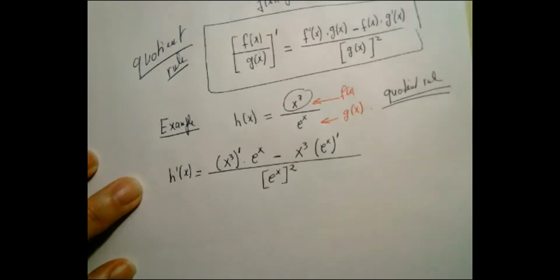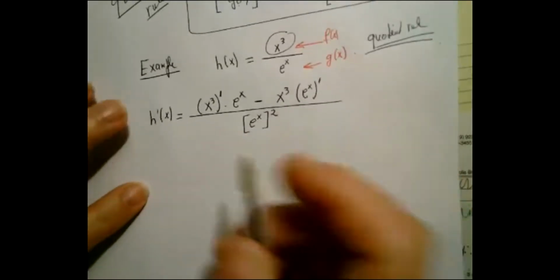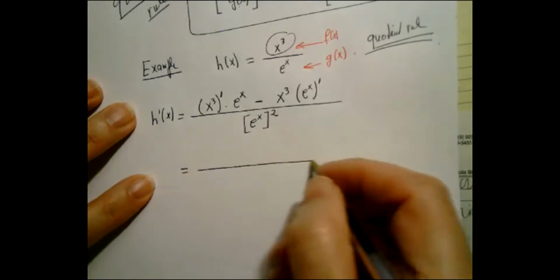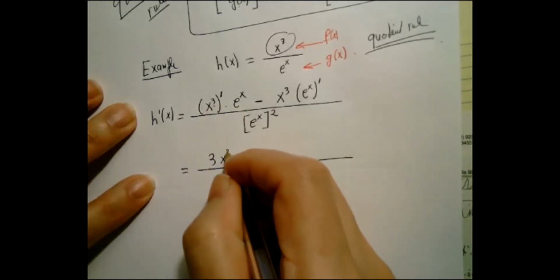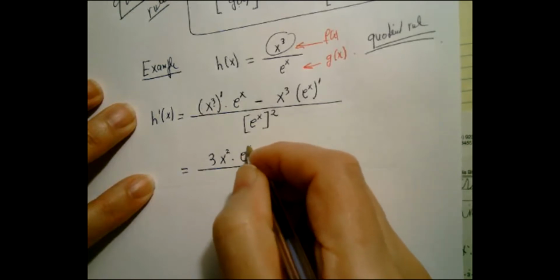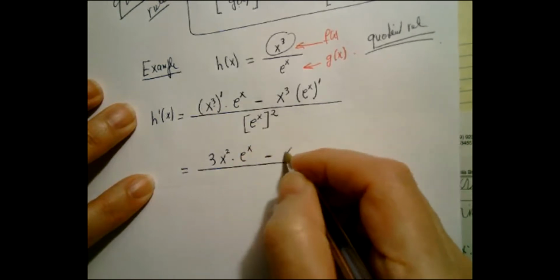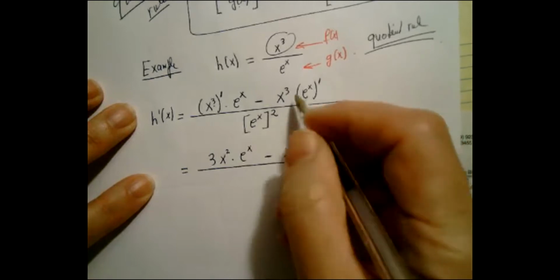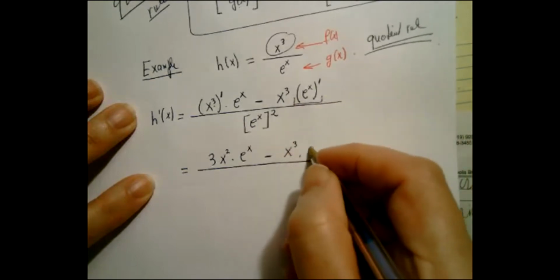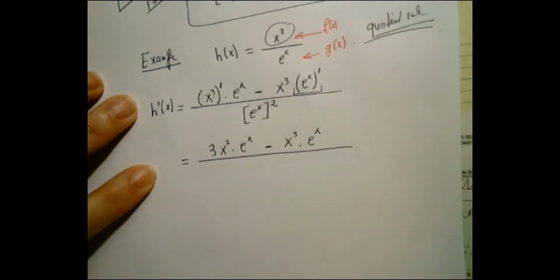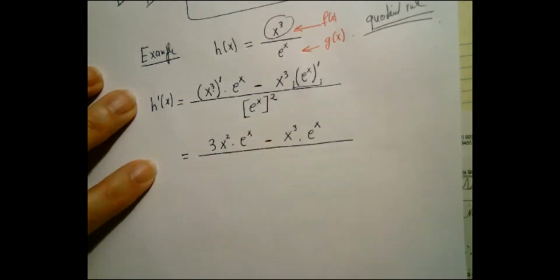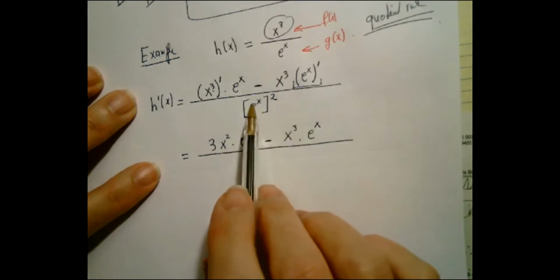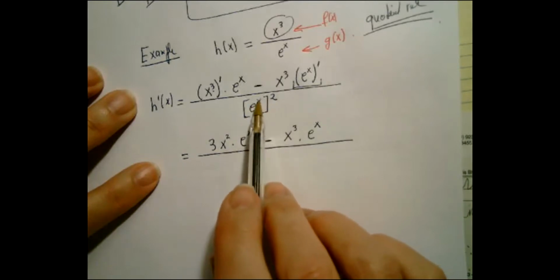So that's the setup. And now we find each piece by itself. The derivative of x cubed is 3x squared times e to the x, minus x cubed times the derivative of e to the x, which is e to the x itself, divided by e to the x squared.